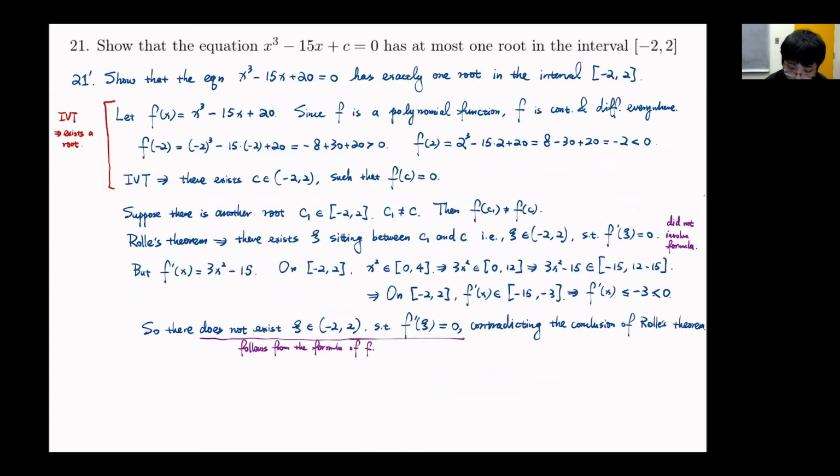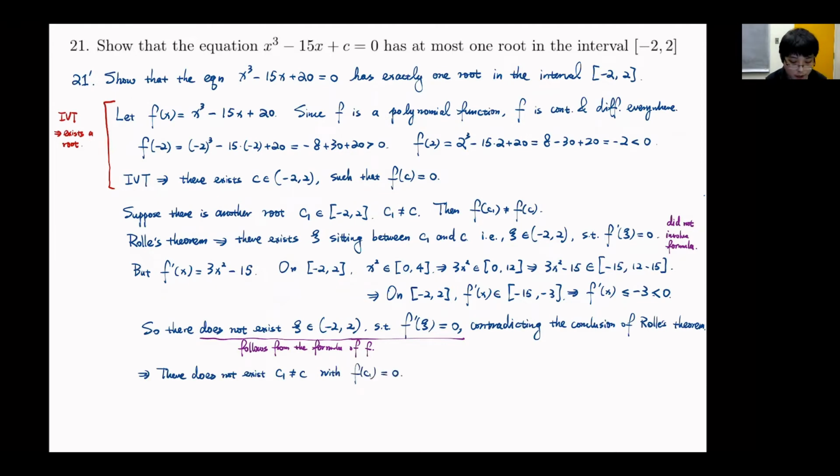So basically this means this conclusion is wrong, and we obtained this wrong conclusion because we started with the wrong assumption that there is just another root such that C1 does not equal C. So this tells me that our assumption is wrong, and therefore there does not exist C1 not equal to C with f of C1 equals 0.